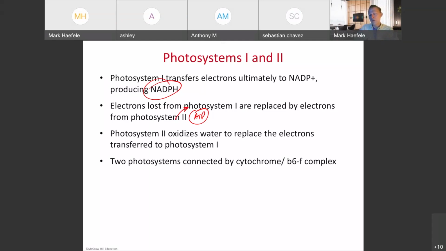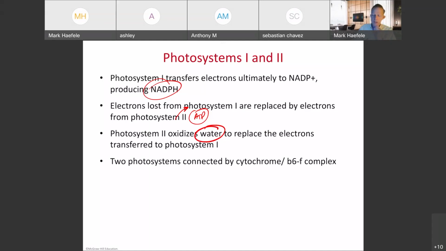So photosystem 1 gets its electrons from photosystem 2. However, the question then is, where does photosystem 2 get its electrons from? It gets its electrons from water. So water is actually the source of electrons that feeds photosystem 2 and replaces the electrons that basically exit photosystem 2 when it gets excited and it absorbs that energy.